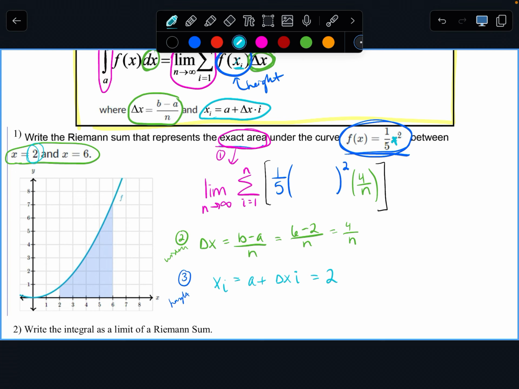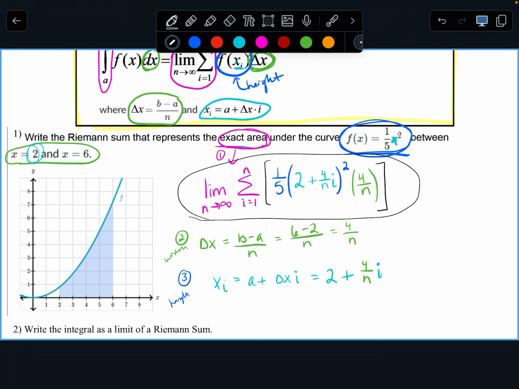So it's going to be 2 plus change in x, which was the 4 over n, and then times i. And then that's what I'm going to plug in to the equation here. So it'd be 2 plus 4 over n i. I do all the work underneath it in a way. So this would be your answer.